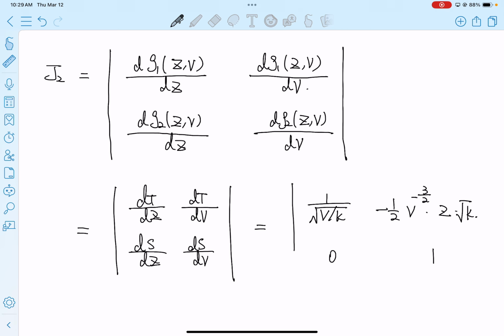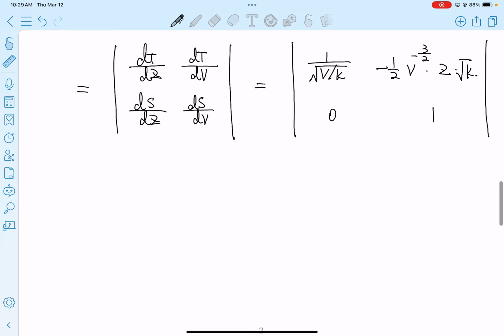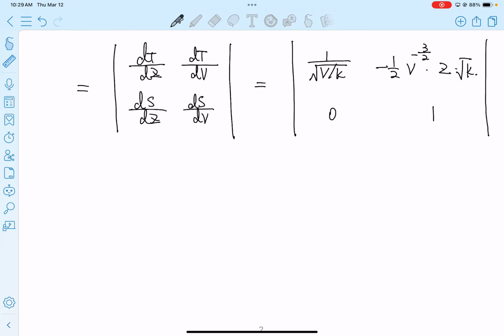Okay. And then the determinant of this matrix. The determinant of a 2 by 2 matrix is the product of the diagonal minus the product of the off diagonal. So you can see that regardless of what that term looks like on this one, once you multiply by 0, it will remove from the picture.